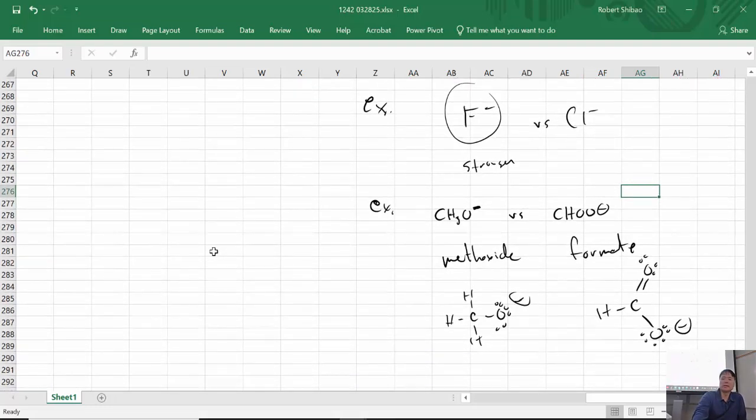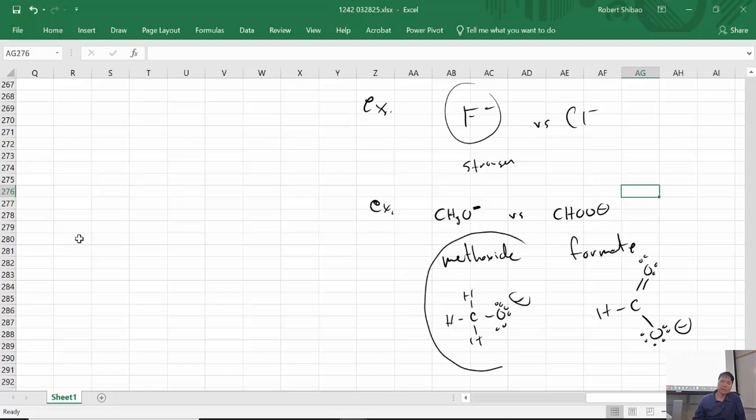Which one's a stronger base? Methoxide is a stronger base.